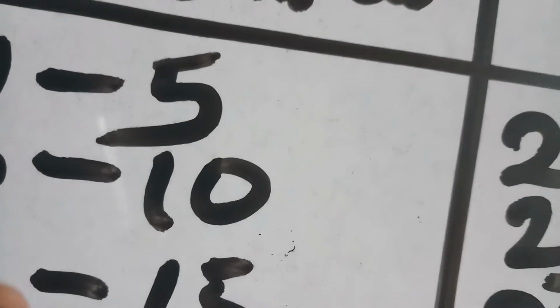That's how you will do it. Then 20.5. You are adding, you are deducting. You deduct 0.5 from 1 to give you 0.5, and 5 plus 0.5 gives you 5.5. That's how you do it.